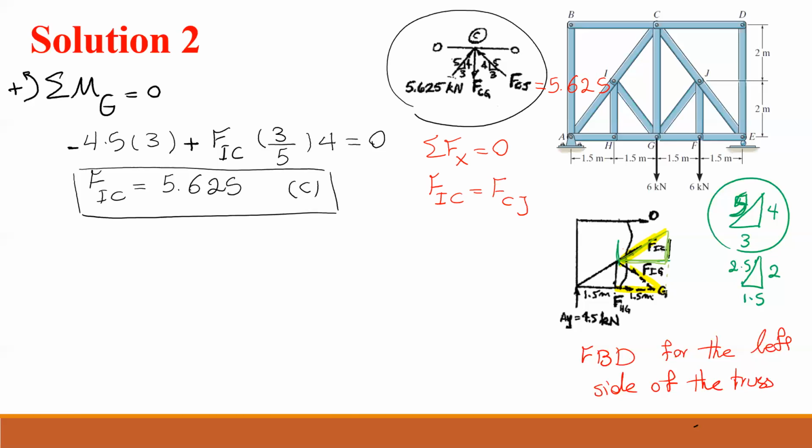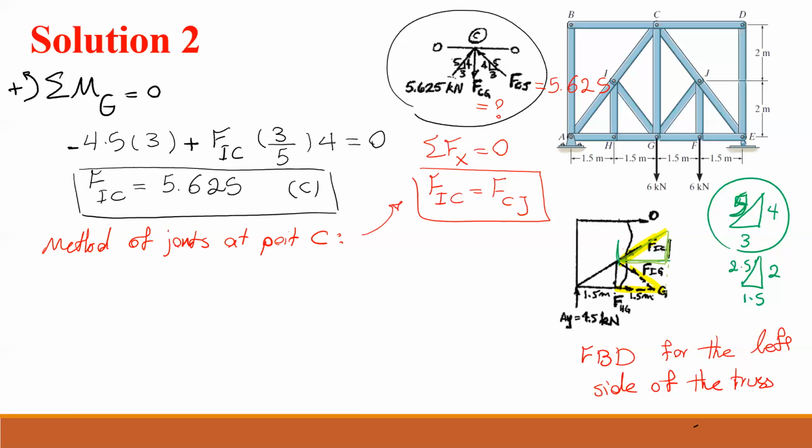FIC equals FCJ. Okay, so if you look at joint C, you can see the only thing that I don't know is FCG. The problem asked for CI, which I already solved, and CG. So from analyzing joint C, I use the method of joints at point C. I can find this force.